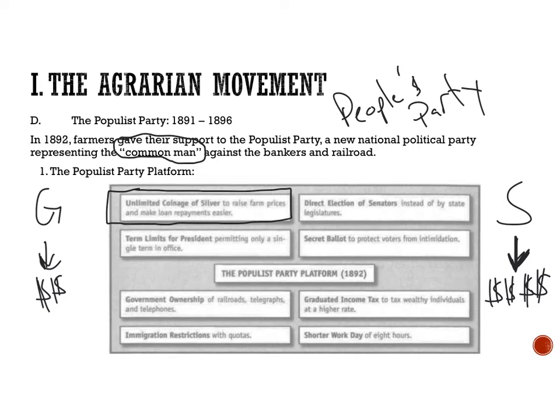Okay. Another thing that I want you guys to know specifically for this box is the direct election of senators. This idea starts with the Populist Party. This eventually becomes the 17th Amendment, right? But it's going to take time before it gets that far.